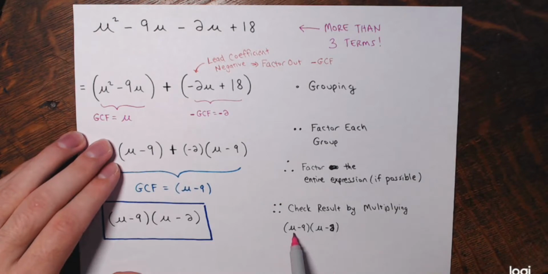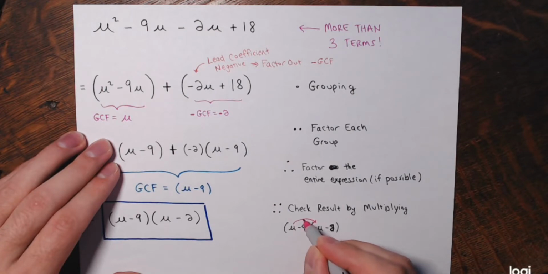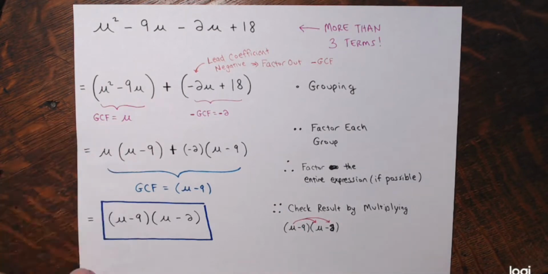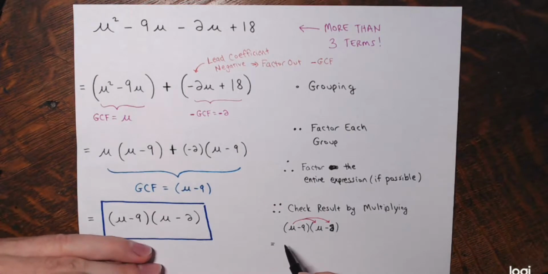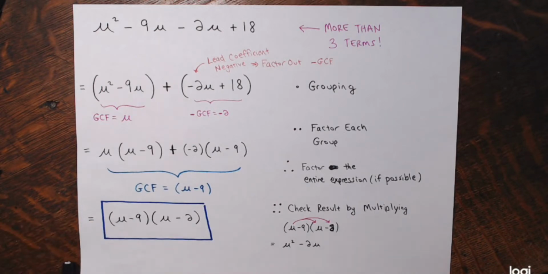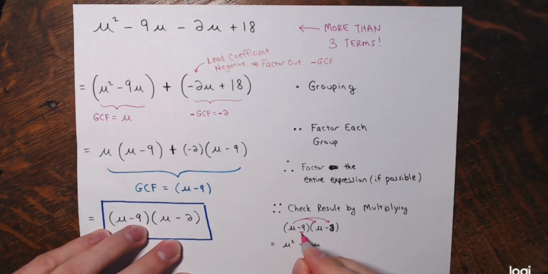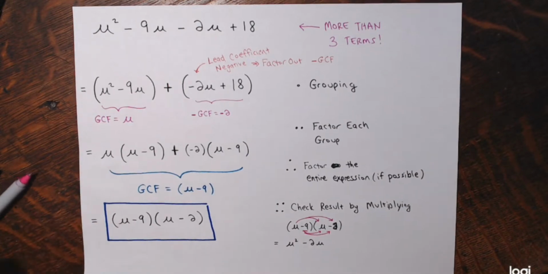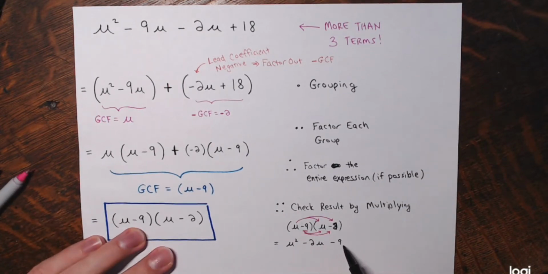You just take every term from one polynomial and distribute to the other. All right, so let's distribute the u to the u minus 2 first. That gives me u squared minus 2u. And now I'm done with the u. Move over to the negative 9 and distribute the negative 9 to the u minus 2. That'll give me minus 9u and then plus 18.